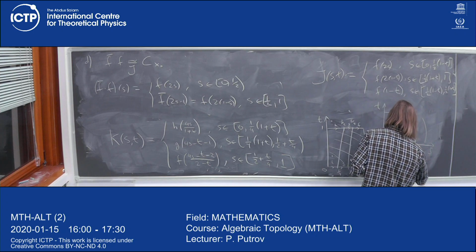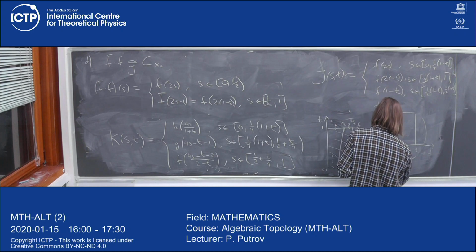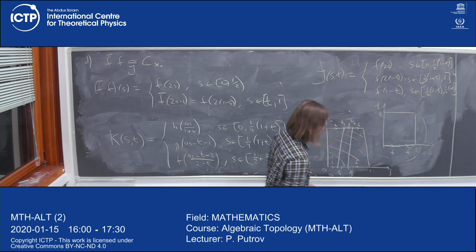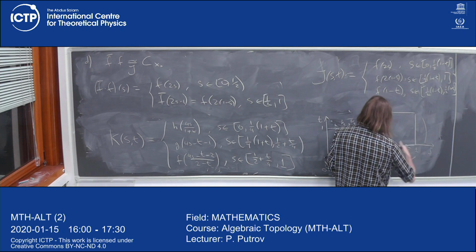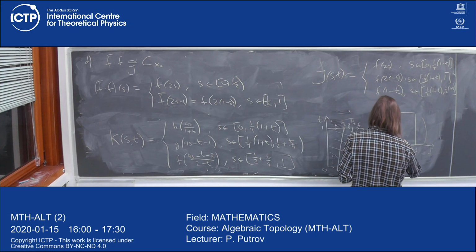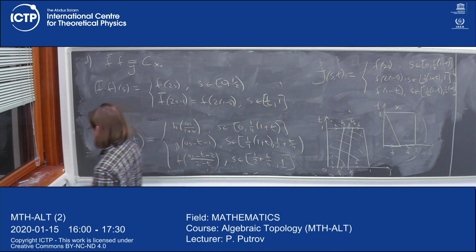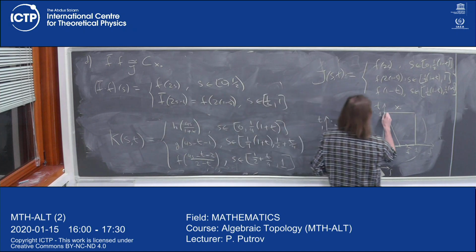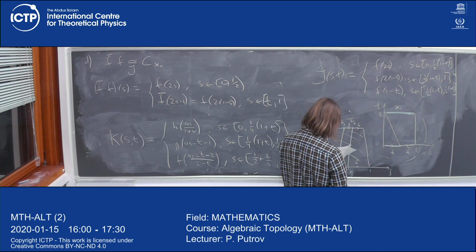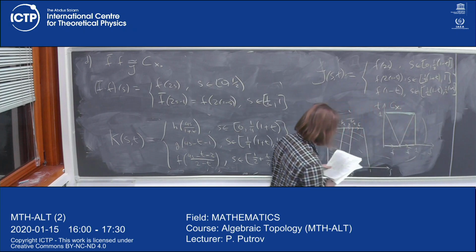Again, this is a function defined on a unit square, so that at the bottom I want to have a composition of f and f bar, which is essentially the same as f with inverted argument. And at the top I want to have a path which just stays at x0, a constant path.